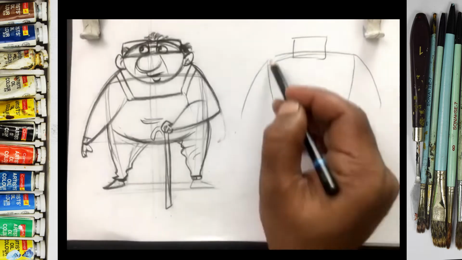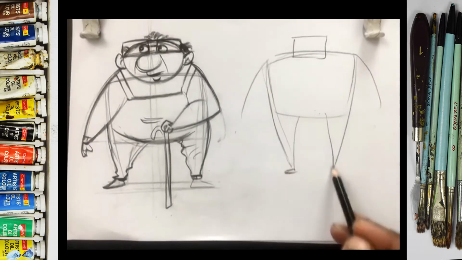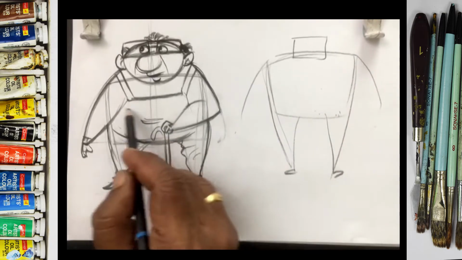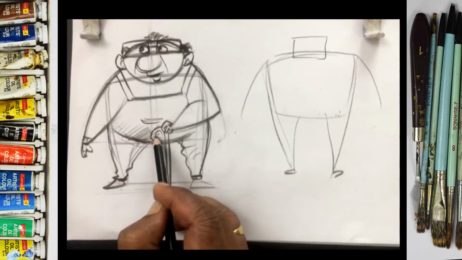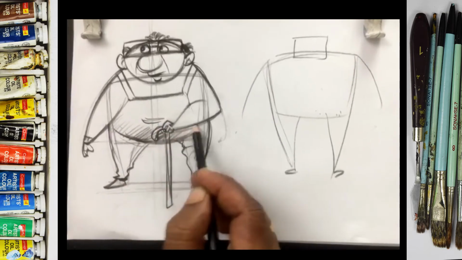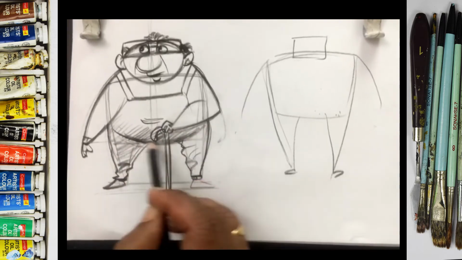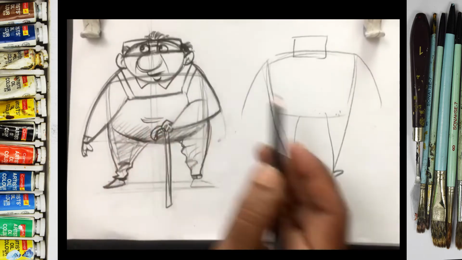So this character is your challenge. I draw this character here. This is your challenge. You can make your own ideas. I show you my idea over here. Okay. That is the challenge in this drawing session. So creating the character, your own ideas.